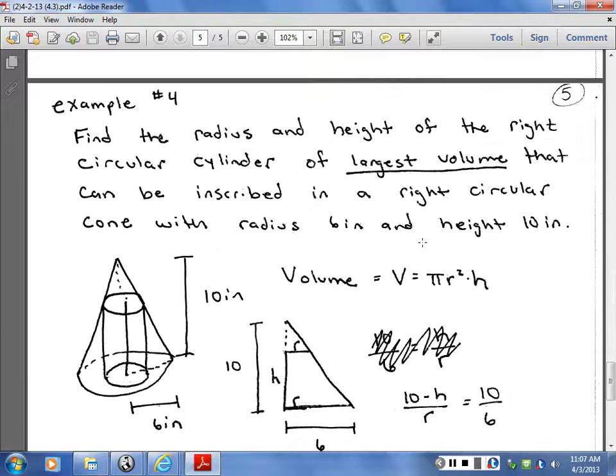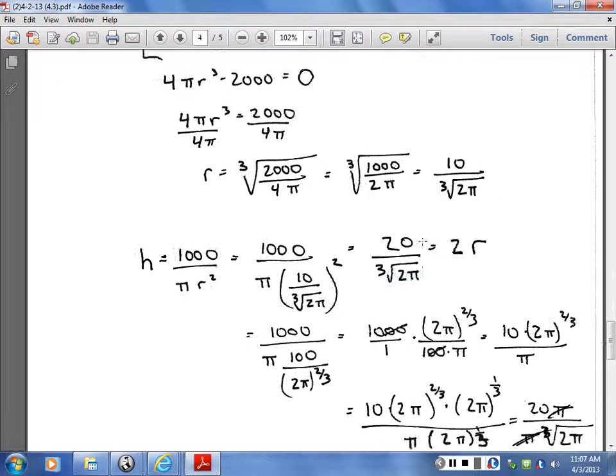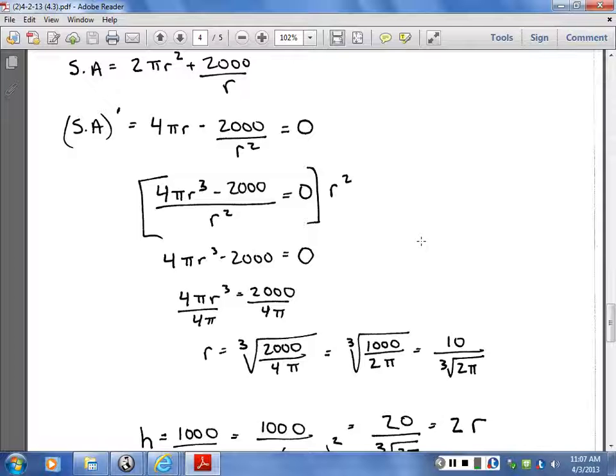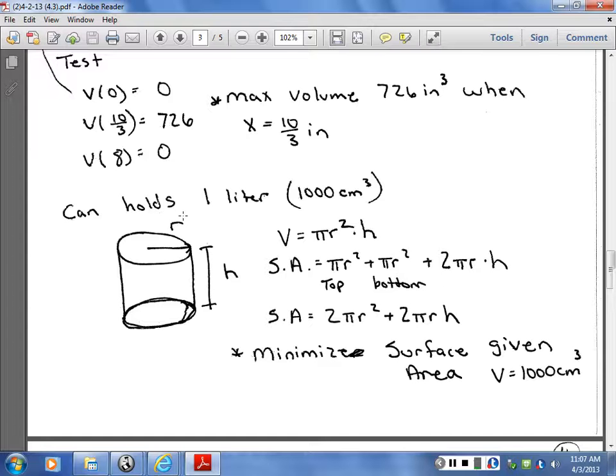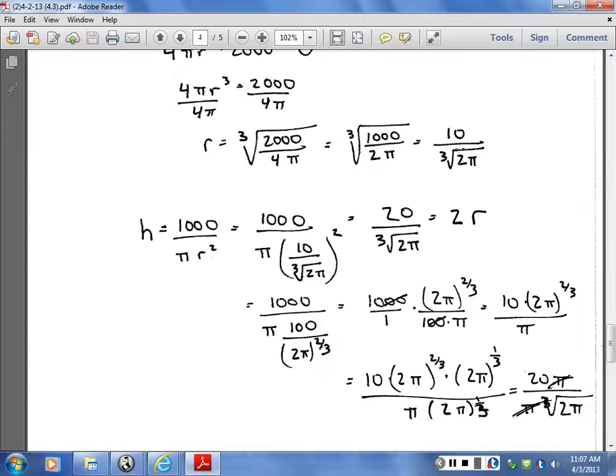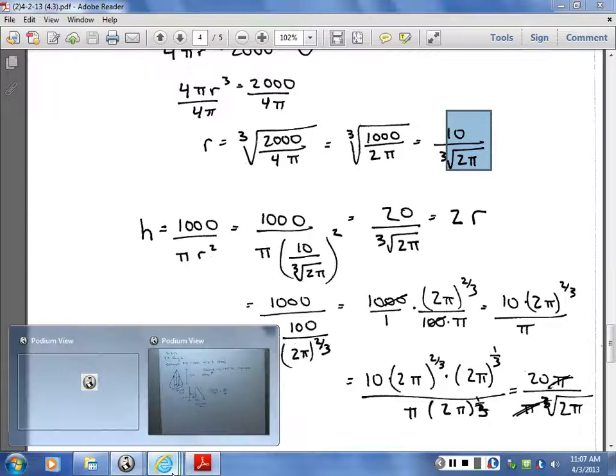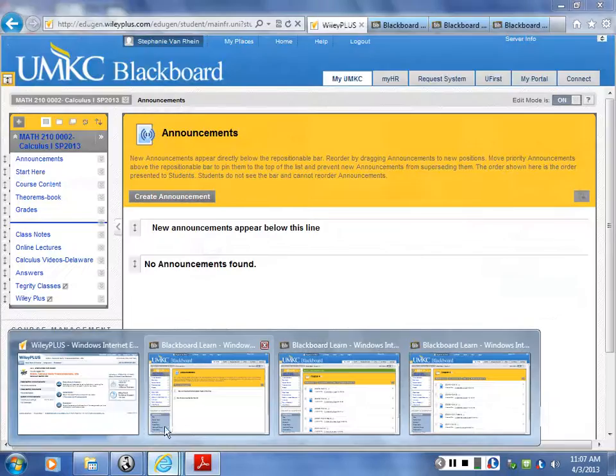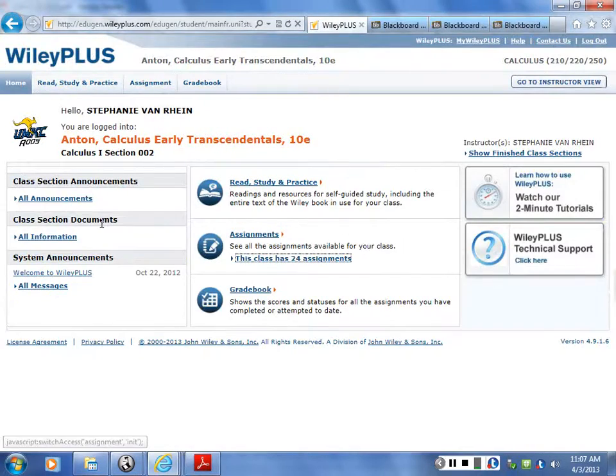We can't just use that as proof and say we know that. Well, you have to find one. You don't know what the height is going to be or the radius is going to be. Oh, that's true. For this specific example, for 1,000 centimeters, it's going to turn out to be this number. But for the one that you have on Wiley, it's randomly generated.